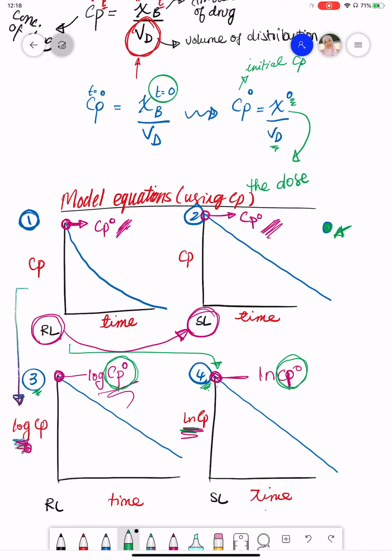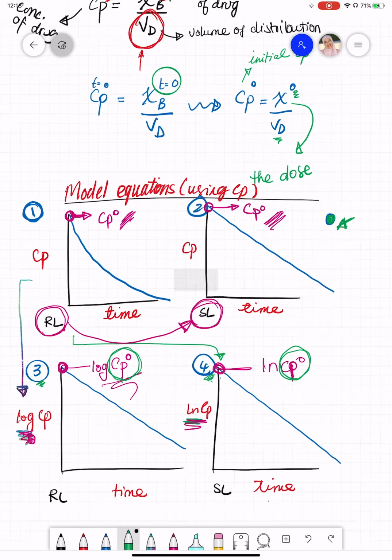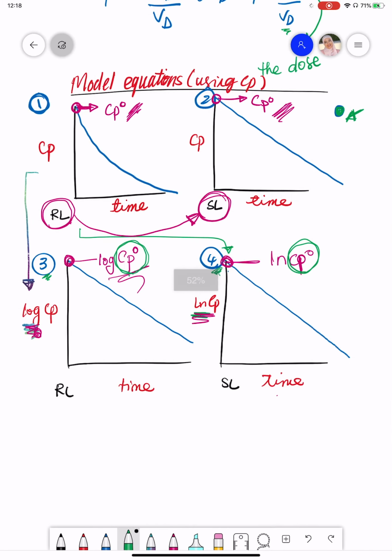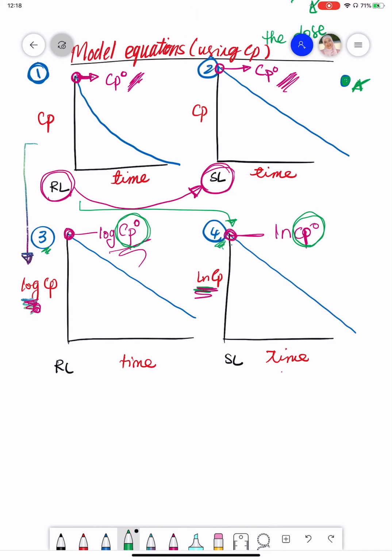Okay, we covered this earlier, and we comprehended it already in our previous lectures, but just as a reminder. So from the model and the data that I have, as a concentration measured at certain time points, whatever the way we are presenting our data, whatever the profile we are using, we can determine Cp naught, the initial concentration.